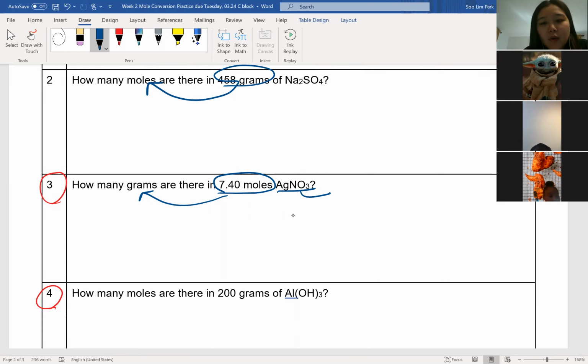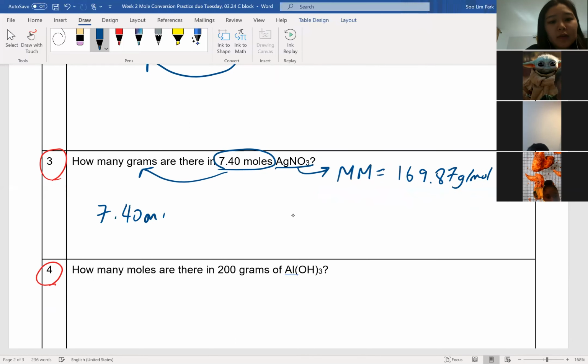So the molar mass of silver nitrate, I got 169.87 grams per mole, right? So I'm gonna start with the given. All right, I have 7.4 moles and I want to get grams.